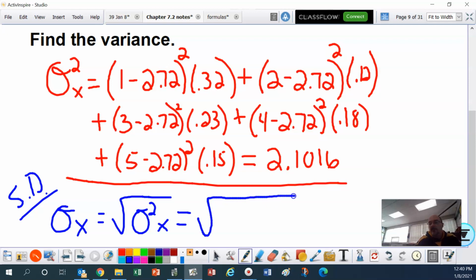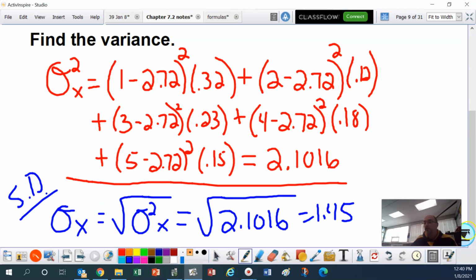And so I take the square root of 2.1016, and I get 1.45. And that is the standard deviation of this situation.